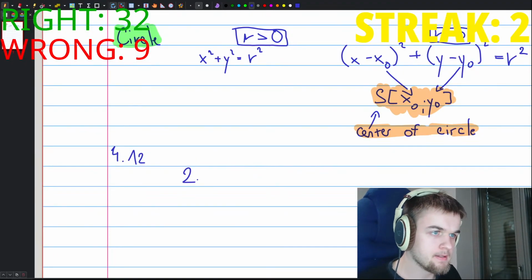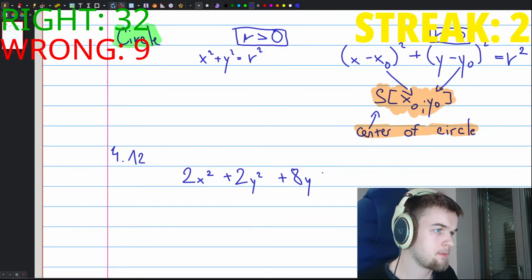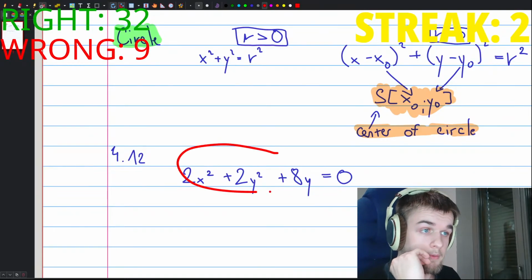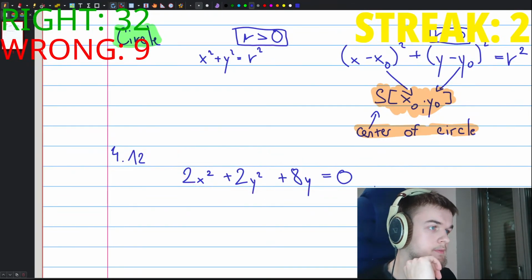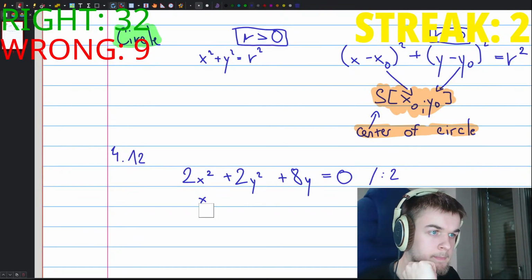So we get this equation, 2y squared plus 8y equals 0. So we don't know what kind of conic this is, so obviously we divide by 2 to make it a little easier on our puny human brains. At least that applies to me, obviously. For any watchers out there, I don't know how intelligent you are, probably more than me. It's very, very likely.